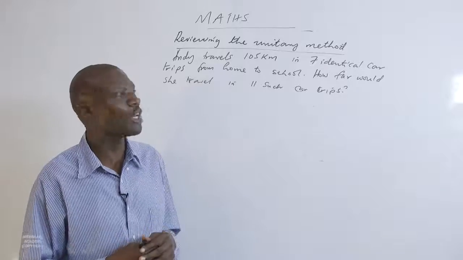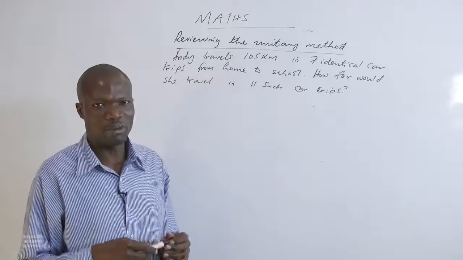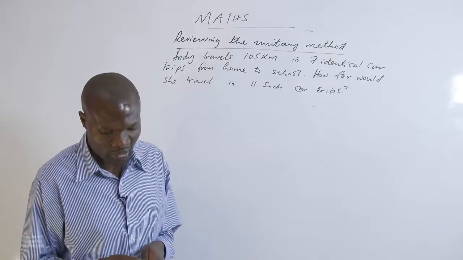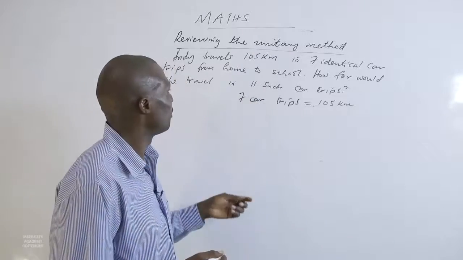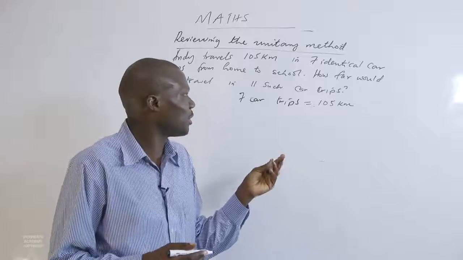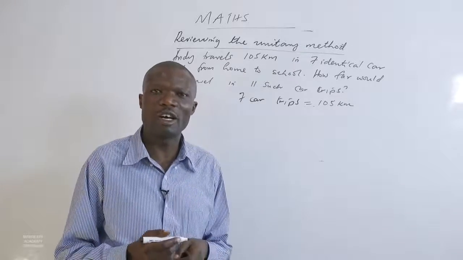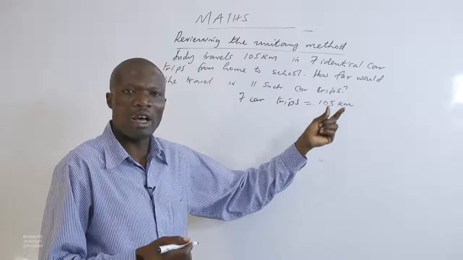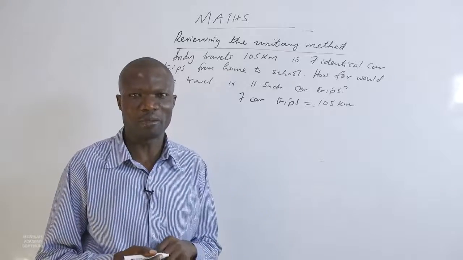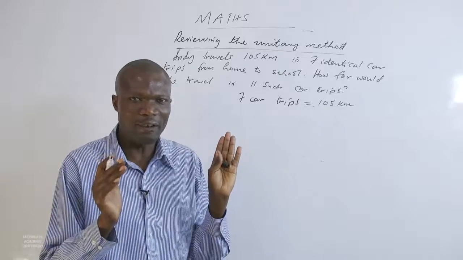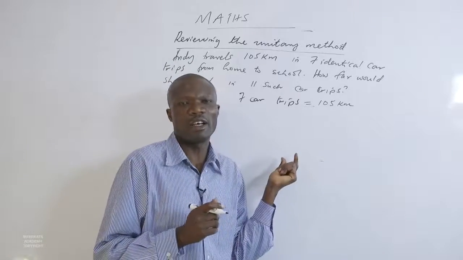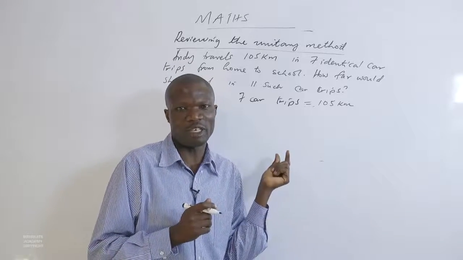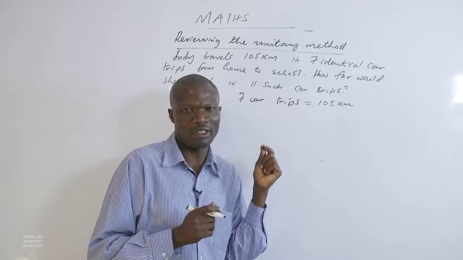This is reviewing a unitary approach. So we start by first saying 7 trips. Now, 7 car trips is how many kilometers? 105 kilometers. The unitary method will require us to find what distance will be covered by 1 car trip.